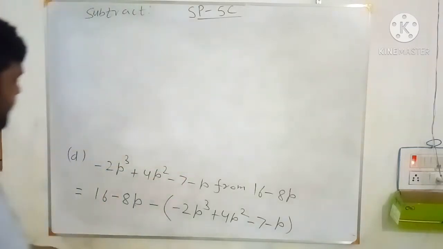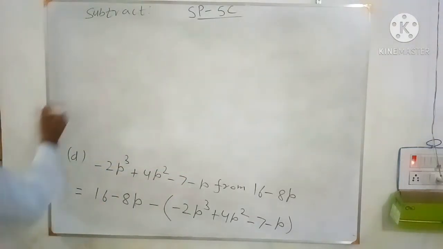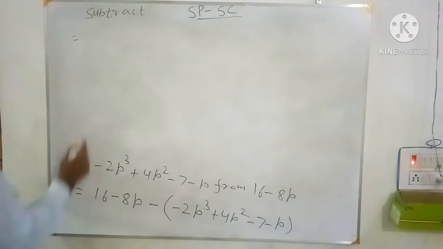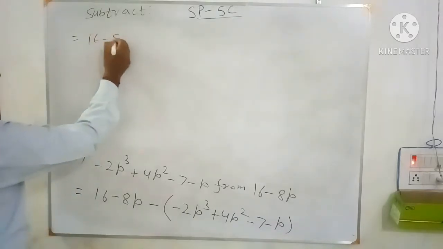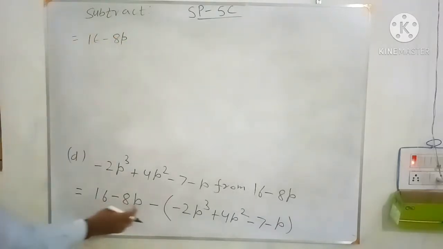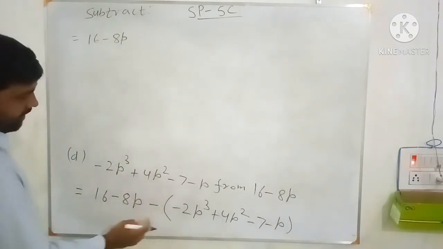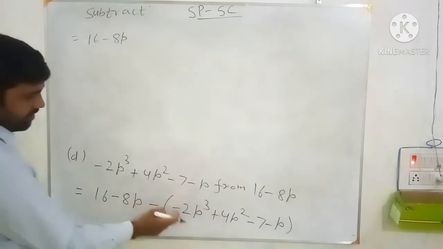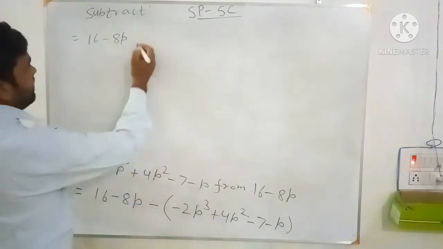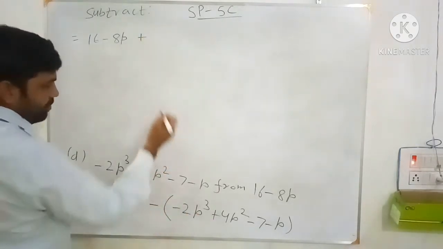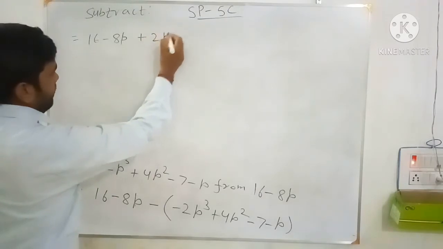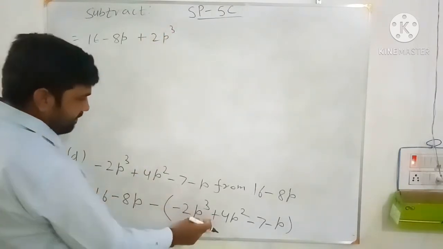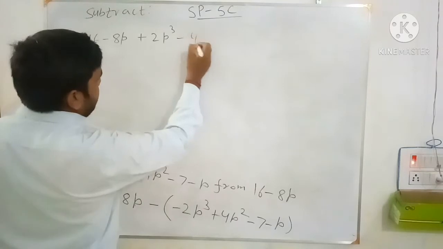Okay, now you see. In the next step, what will we get? 16 minus 8p, and after that we open the bracket. When we open the bracket, the sign will change. So first we multiply the minus sign with each term of the bracket: minus minus plus 2p cube. Now minus plus minus 4p square.